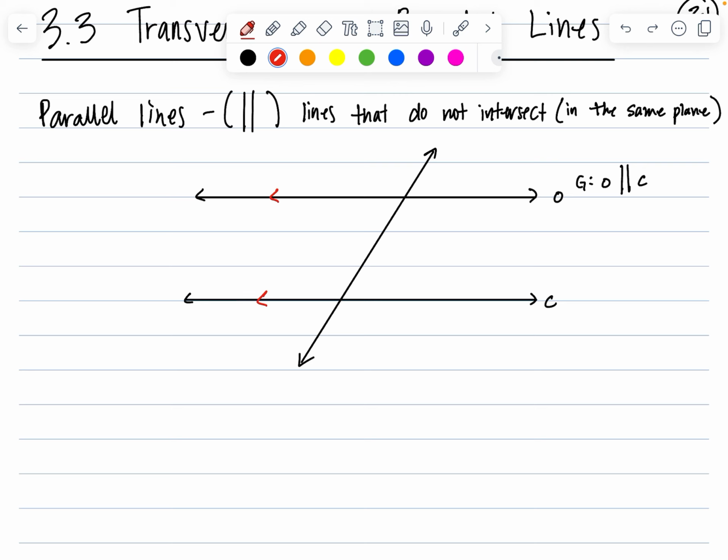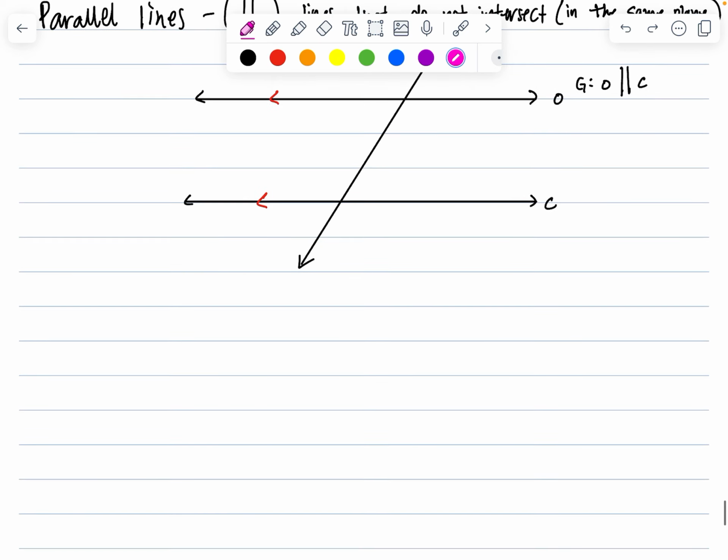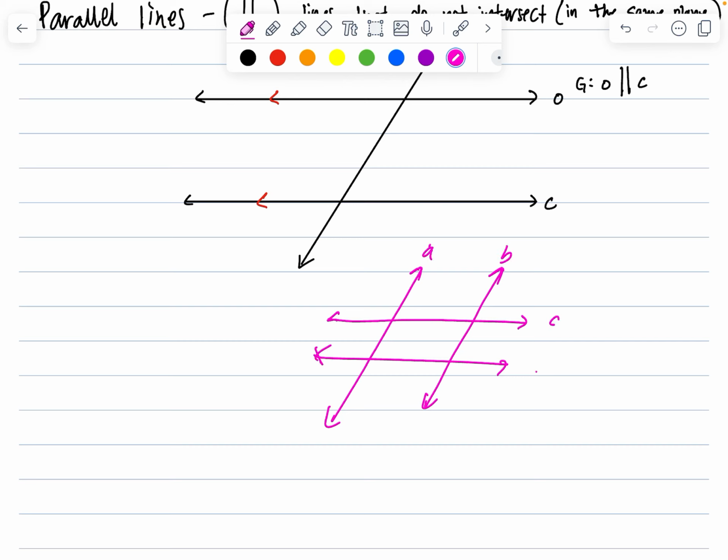Now we could also technically have this situation. If I have, for instance, these two lines intersecting with another set, let's call this A, B, C, and D. We could say C and D are parallel, so we could mark this with arrows.